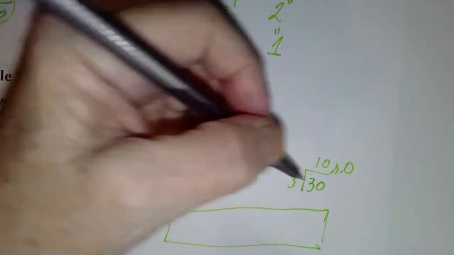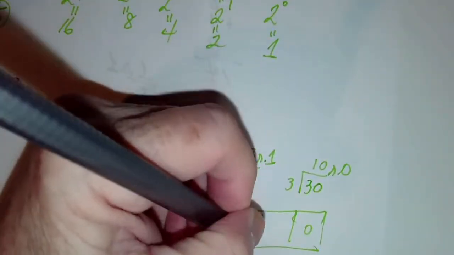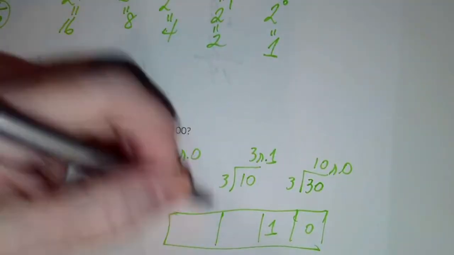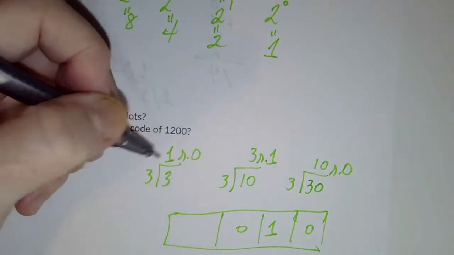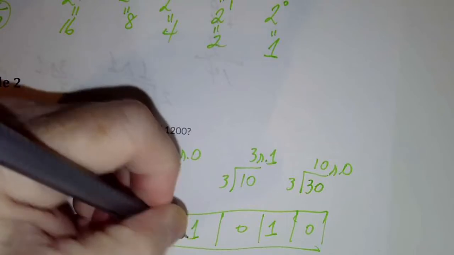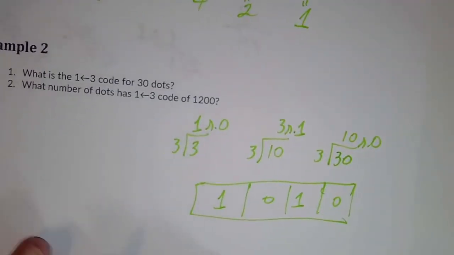The first remainder, the second remainder, the third remainder, and then the last number that is finally less than 3. So we get the code 1010.